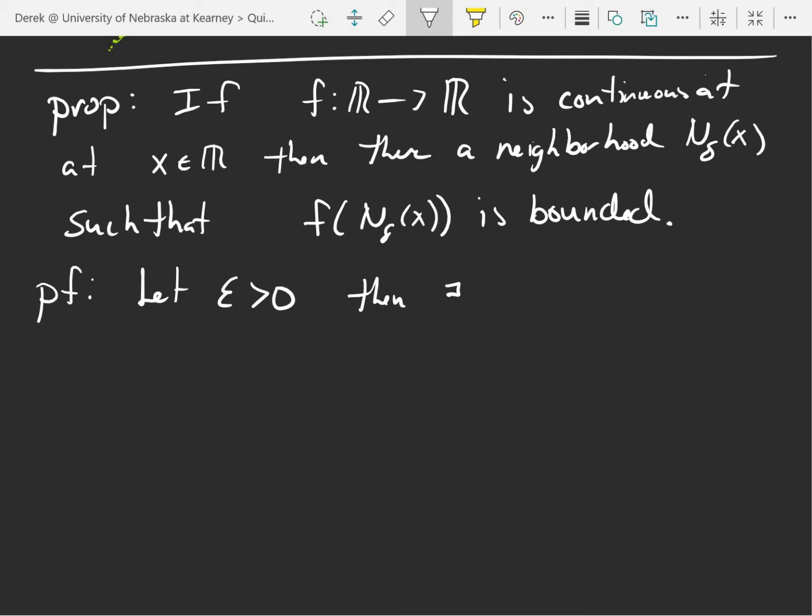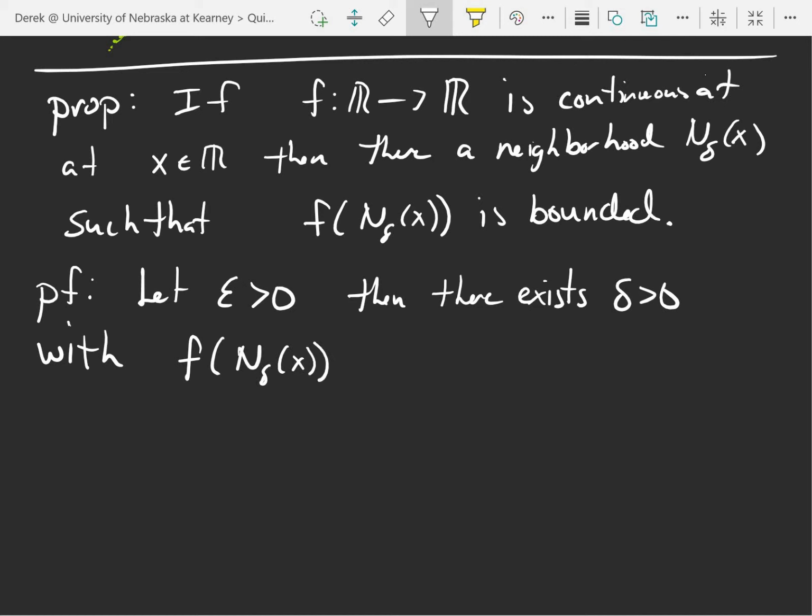Then there exists, that's a logic symbol for there exists, so let me write out there exists, delta bigger than 0 with f of N delta of X contained in N epsilon of f of X, right? That's our definition of continuity.